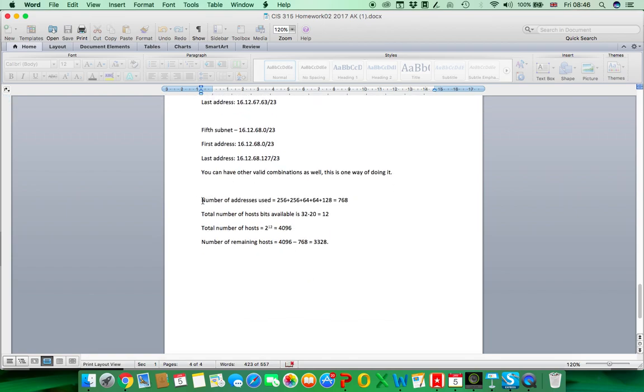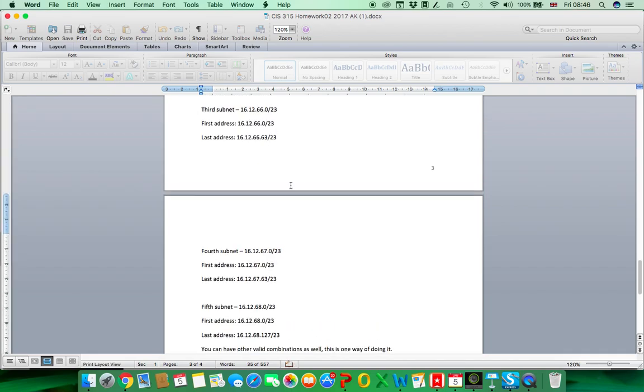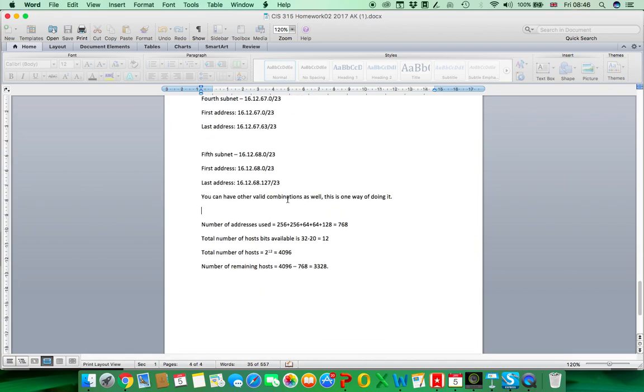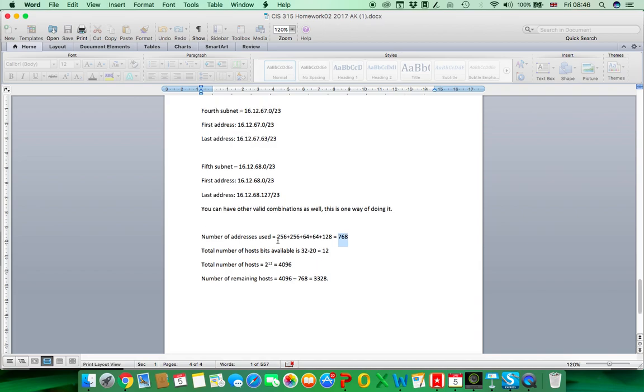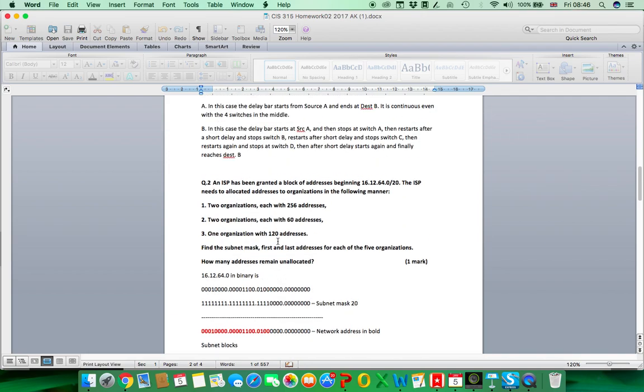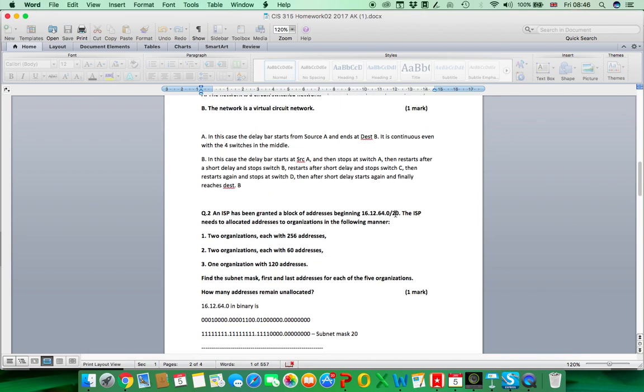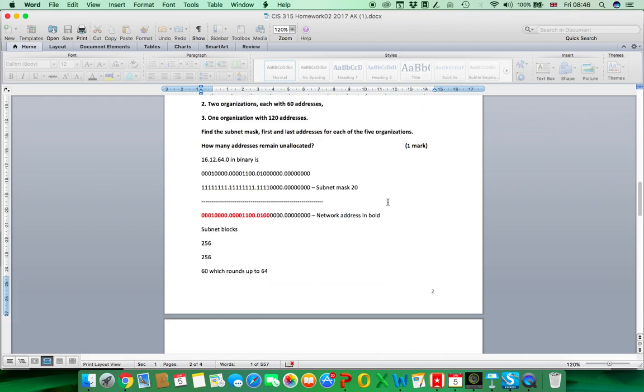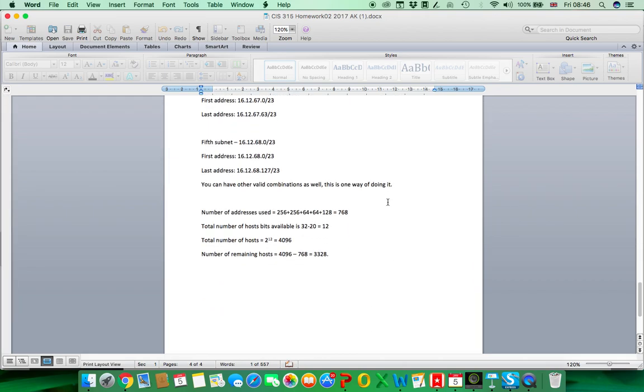Now, many of you also missed this part. Now, how many have we used up in the host addresses? We have used up 256 plus 256 plus 64 plus 64 plus 128, which is 768. We've already used them. How many hosts do we actually have available? It is 32 minus 20, 20 for the subnet bits, for the network bits.